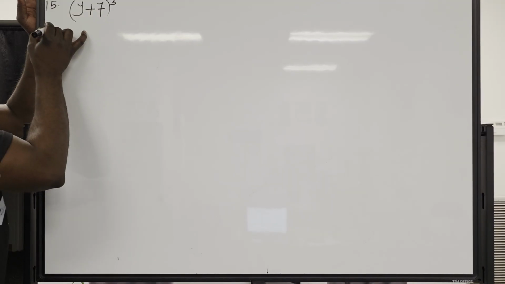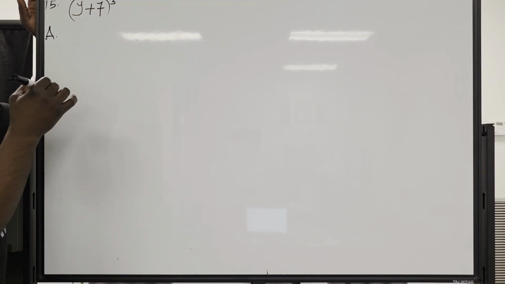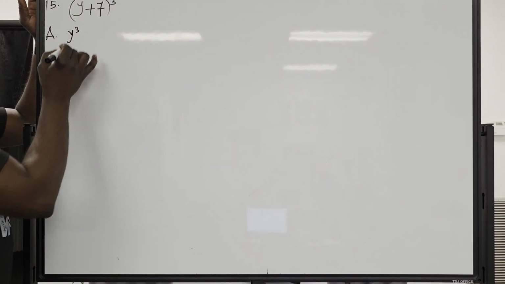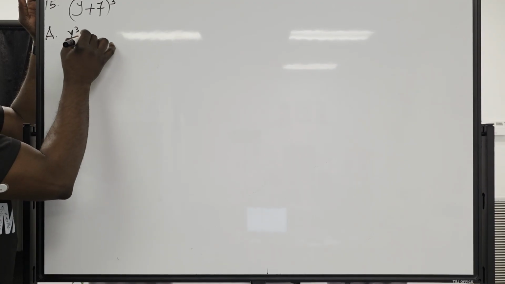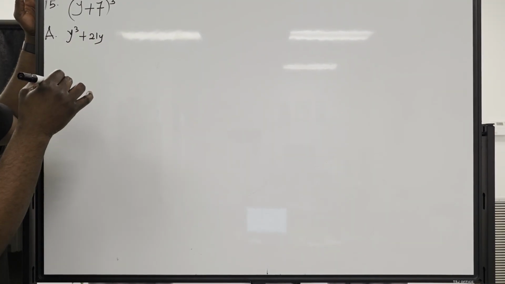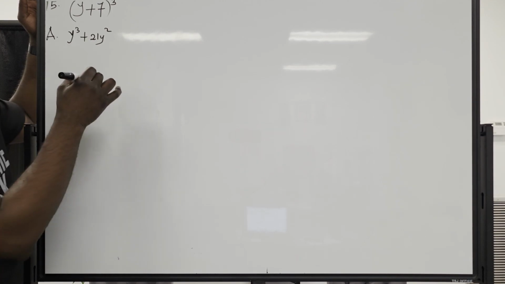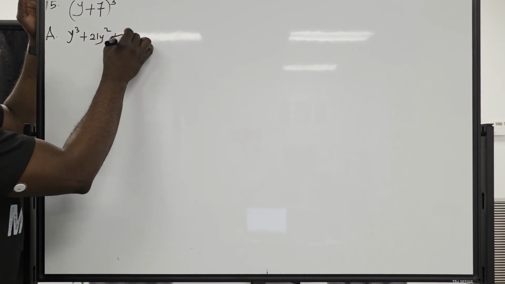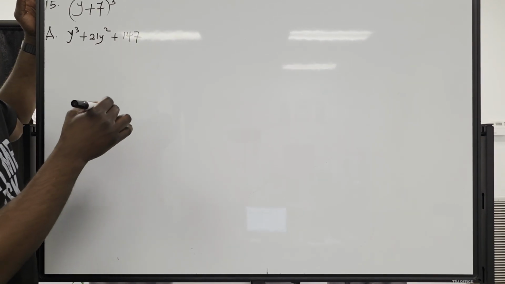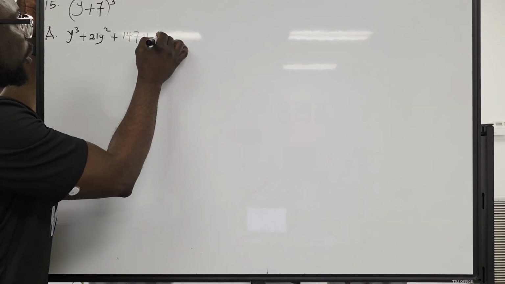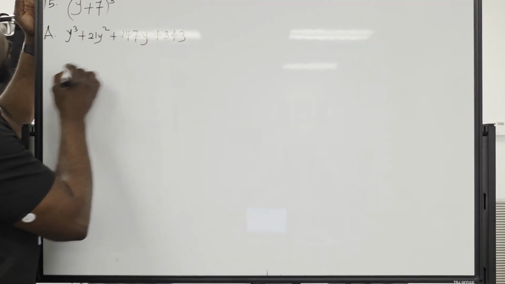Option A gave us y cubed plus 21y squared plus 147y plus 343.